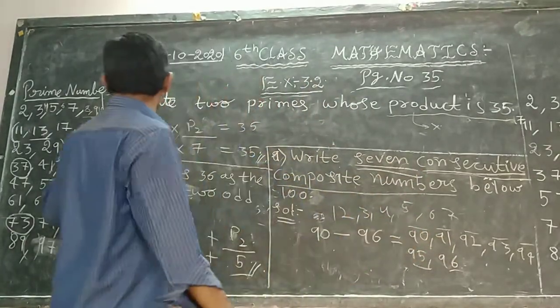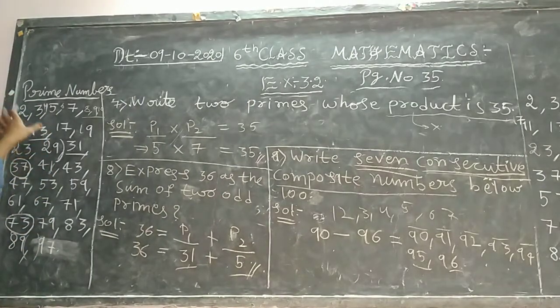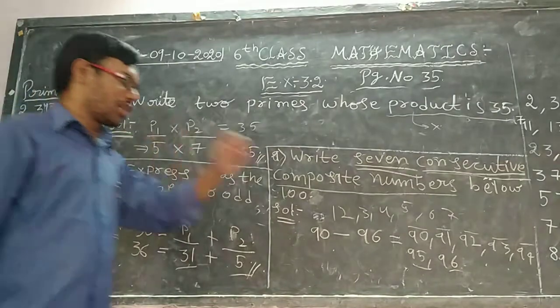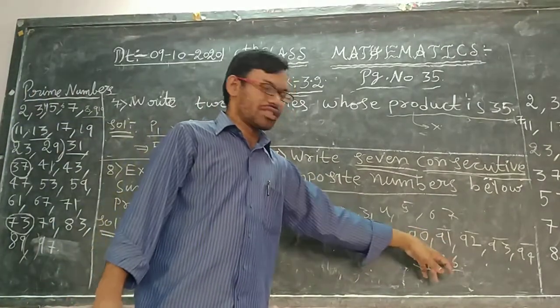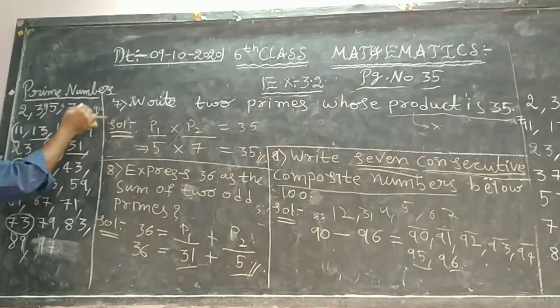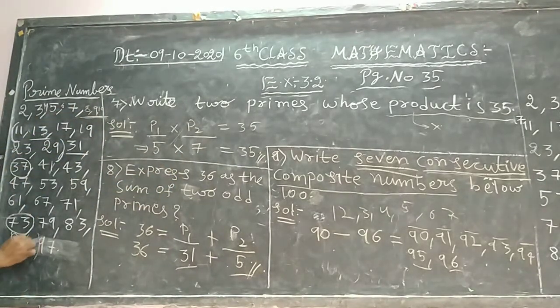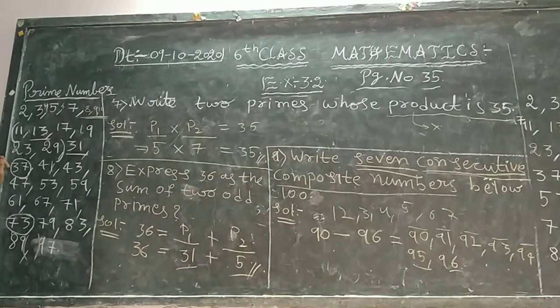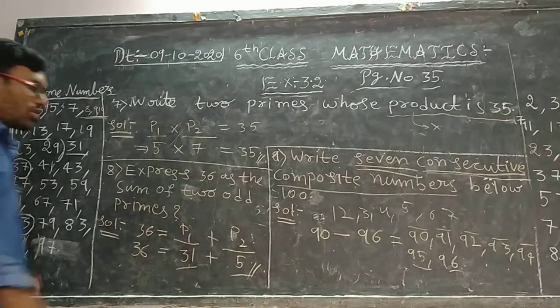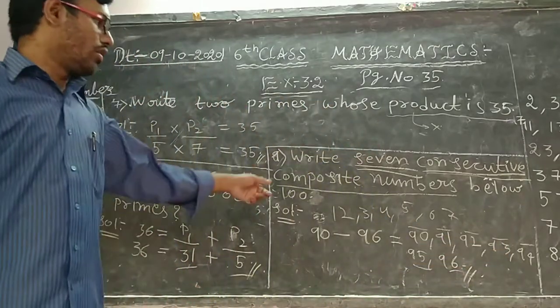Those which are not divisible by any other number except 1 and itself are primes. Here only 3 came, but we need 7. So those 7 are possible only between 89 and 97. So these are the 7 consecutive composite numbers below 100.